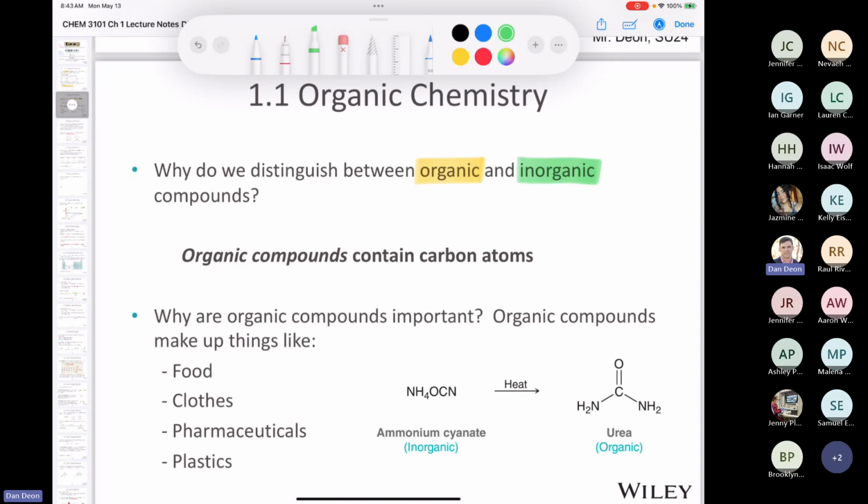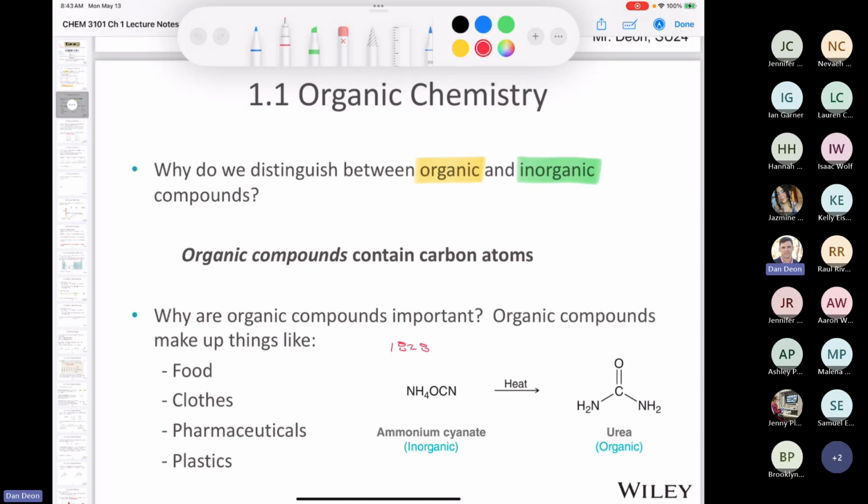And so what happened is that Friedrich Wöhler did this experiment in 1828. He took ammonium cyanate, which does contain carbon, but is considered to be an inorganic compound. He heated that up and he made urea, which is an organic compound.